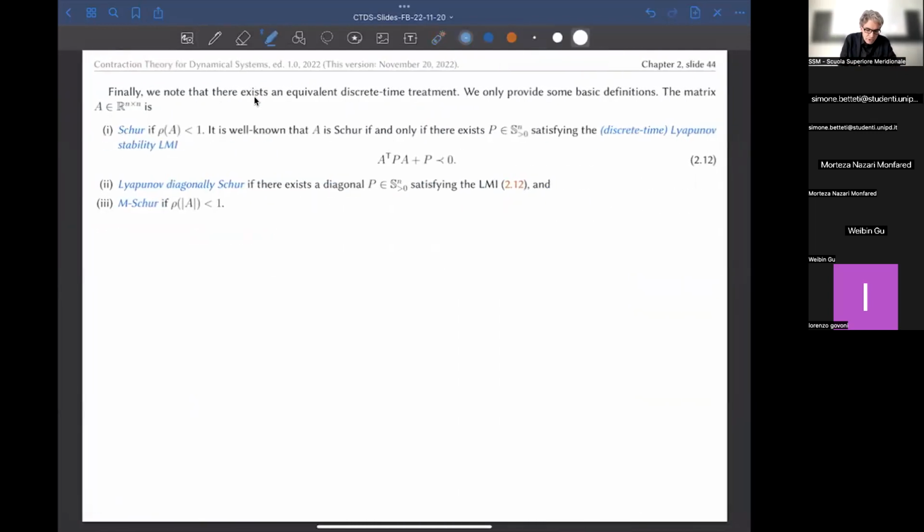A matrix is Schur stable if every eigenvalue has magnitude strictly less than 1, so the discrete time linear system is exponentially stable. And now for Schur stability, you can do the same Venn diagram with Schur stable, totally Schur, Lyapunov diagonally Schur, and then Metzler Schur or positive Schur.